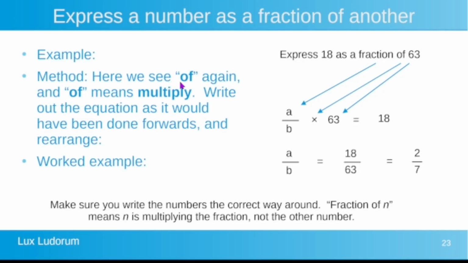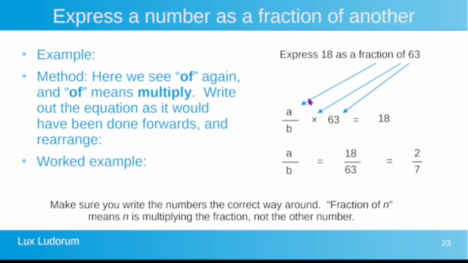Here we can see the word of again, and of means multiply. So write out the equation as it would have been done forwards, and then just rearrange it. So the key phrase here is fraction of 63, which means a fraction is multiplying 63.